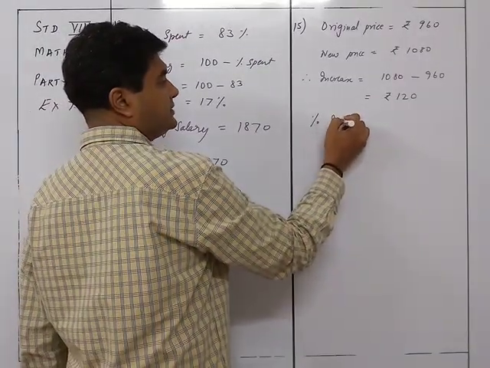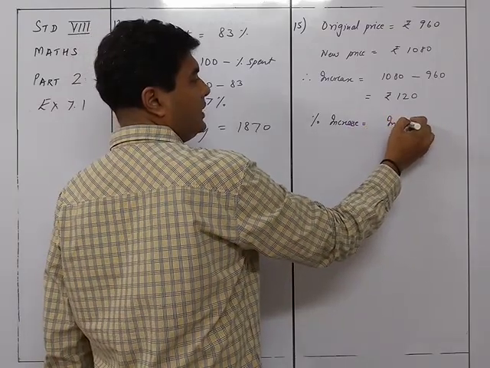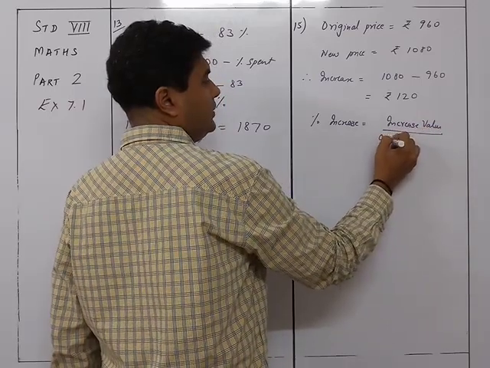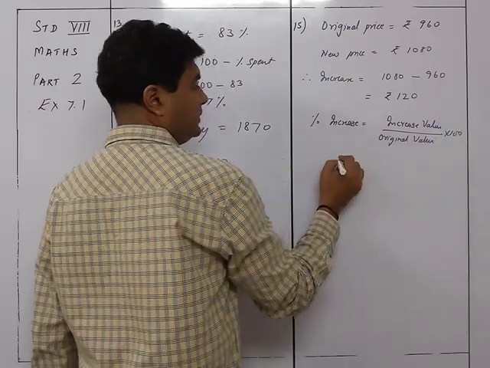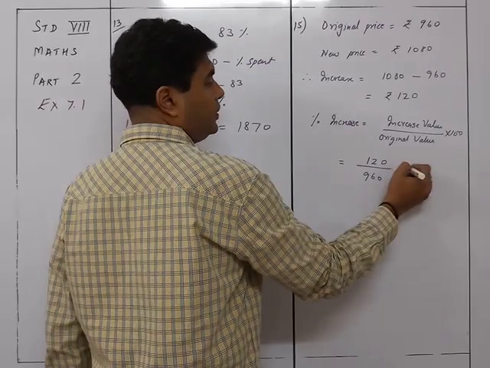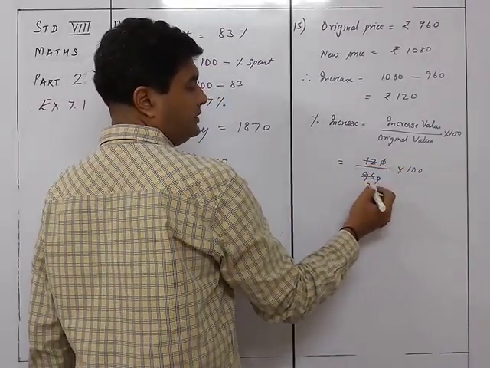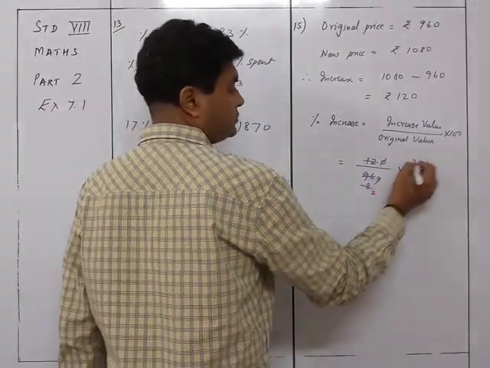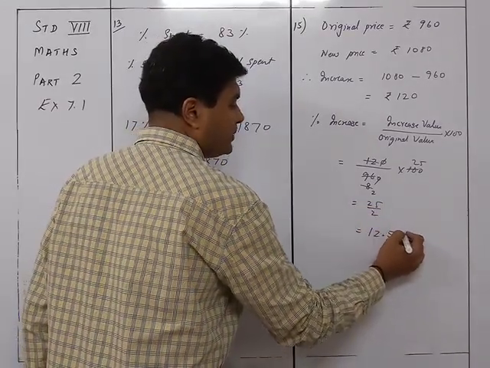Percentage increase is equal to increase value upon original value into 100. That is 120 upon 960 into 100. 12 8s are 96, 4 2s are 8, 2 5s are 10. So this 25 upon 2 is 12.5% increase.